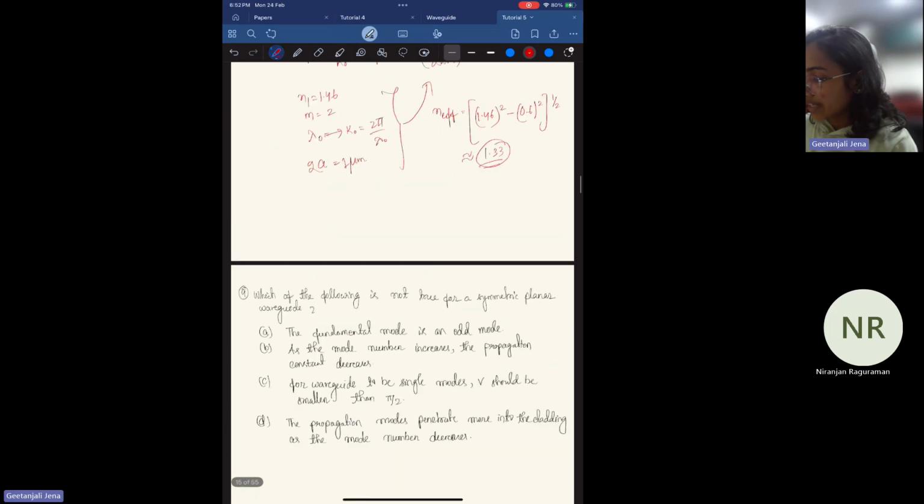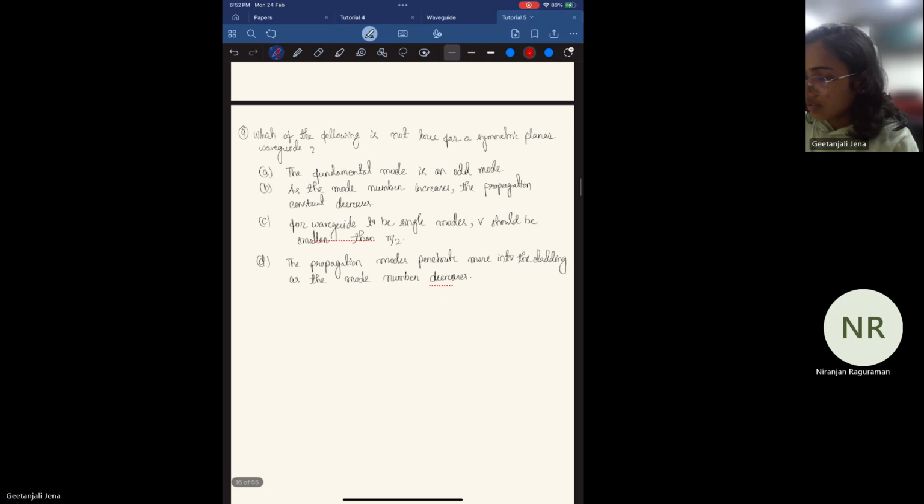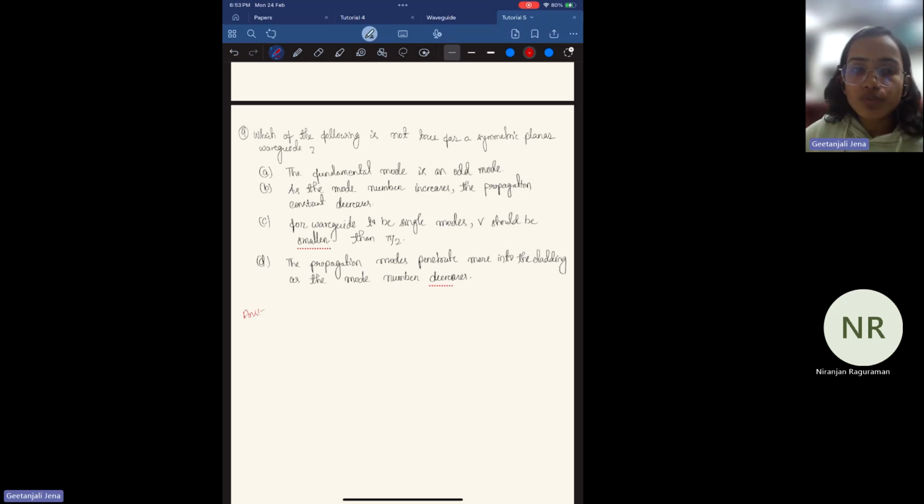So let us move to our next problem. It's a conceptual one. The question says, which of the following is not true for a symmetric planar waveguide?